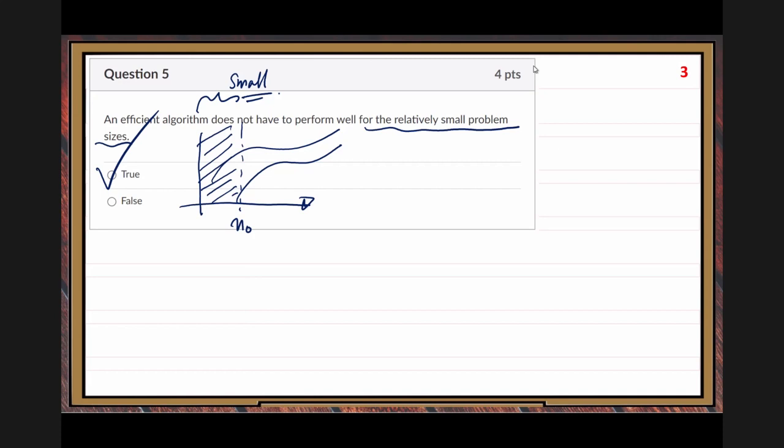Why? Let me explain the reason. Overhead. What's that? In order to run your algorithm, you need to do a lot of preparation, right?